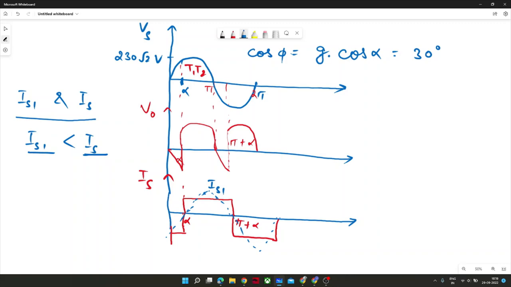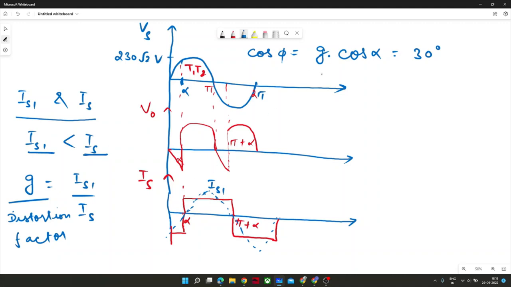So one factor is defined to relate the ratio between Is1 and Is, and that is called the distortion factor, G. Is1 is the fundamental component of Is. This blue one you can see from the graph is the fundamental, and Is is the red one.